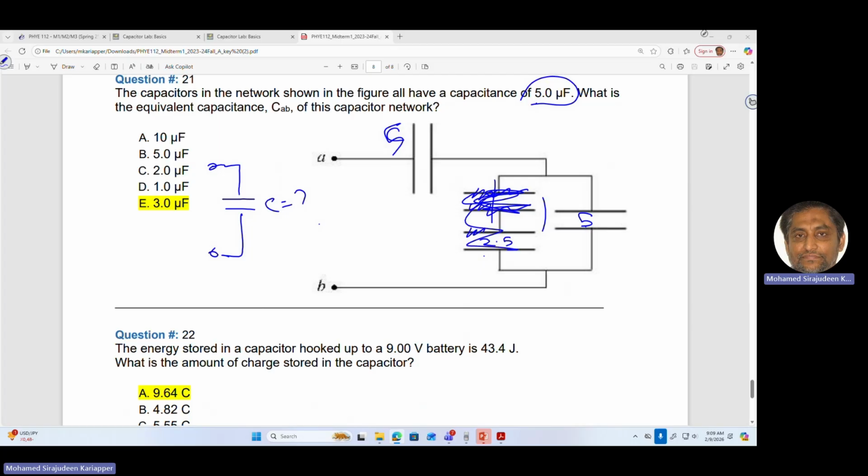So I can get rid of all these three and put just one capacitor, which is 7.5. Now 7.5 and 5 are in series, so I can get it as 7.5 inverse plus 5 inverse, the whole thing inverse.